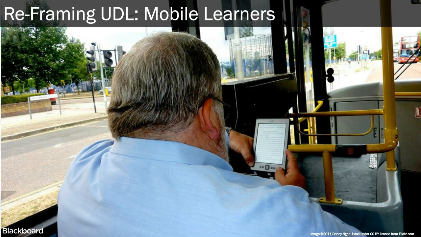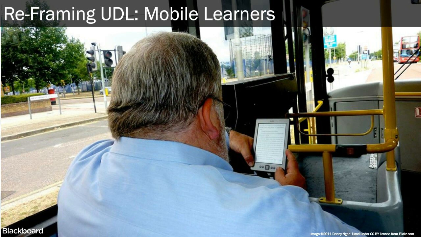But I want to first get your mindset out of the disability access and disability services mindset. Now, I have to be careful when I say stuff like this because I am an advocate for people with disabilities and other barriers to learning.